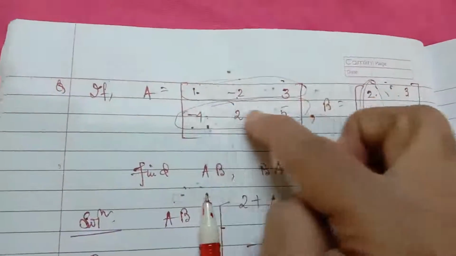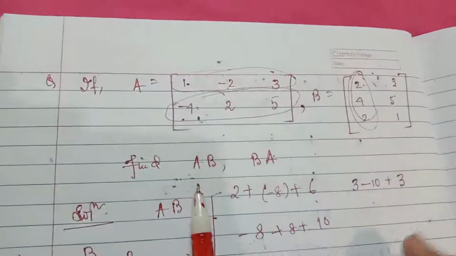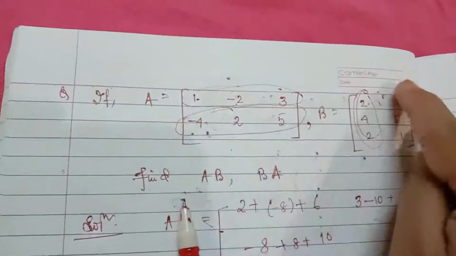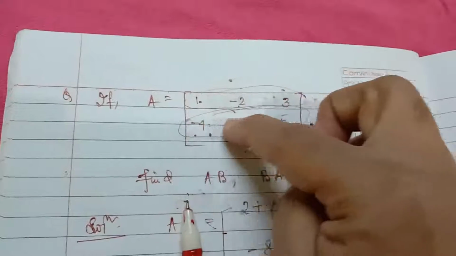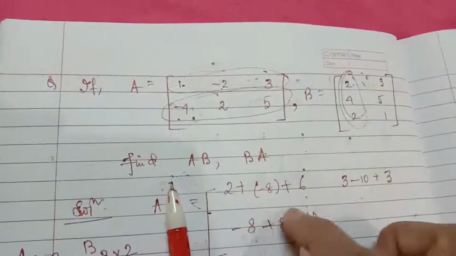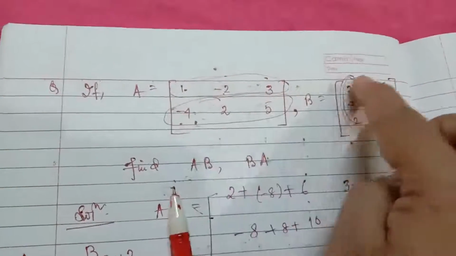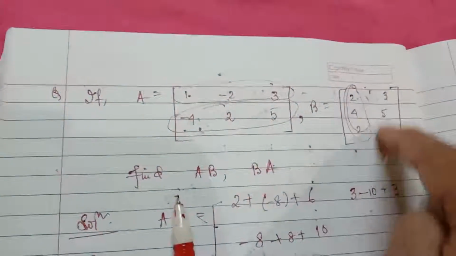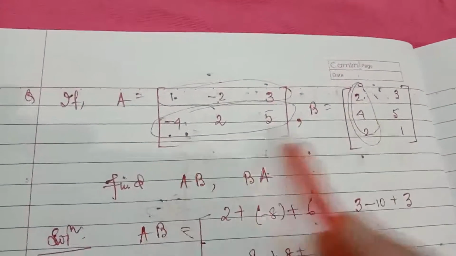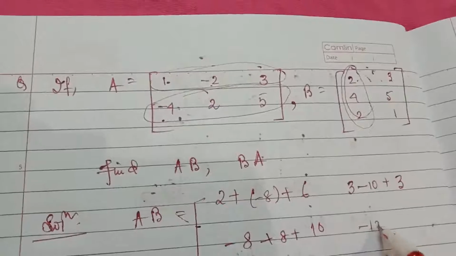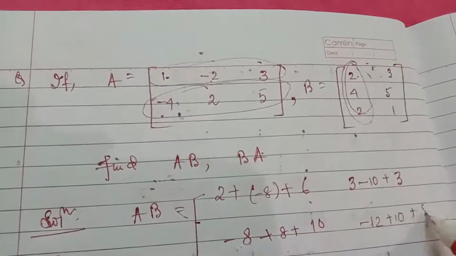Next, second row, second column. We are multiplying with the second row elements, so we have to write the result in the second row one by one. It will be -4 into 3, -12, plus 10, plus 5.